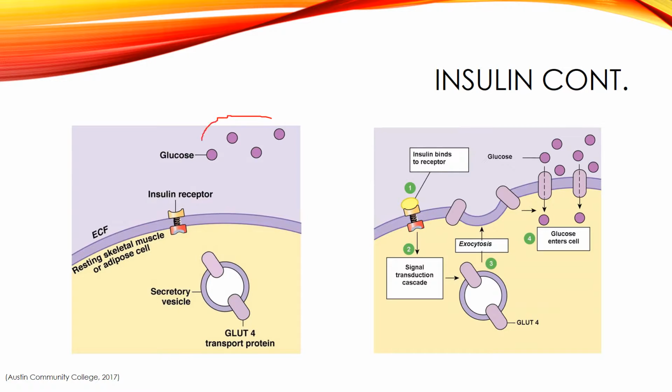We have free glucose here outside the cell, and then we have the insulin receptors here. In the next photo, we have insulin engaging the receptor, and this starts a cascade of events that ends with glucose being allowed into the cells.